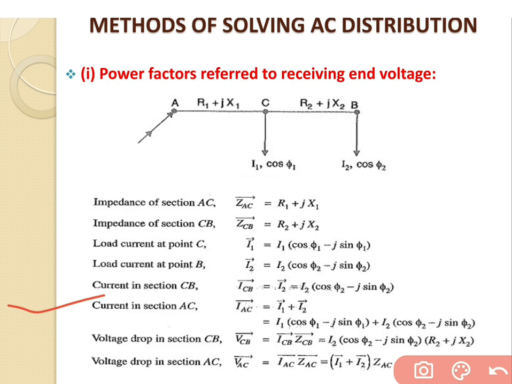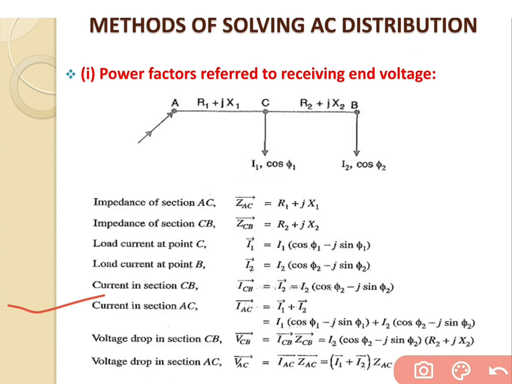But this is an AC circuit, so for that impedance plays a very important role. So just put the value of ICB into ZCB, then the equation becomes I2 in the bracket cos phi 2 minus j sin phi 2, times R2 plus jX2.